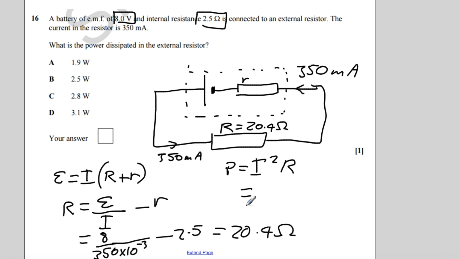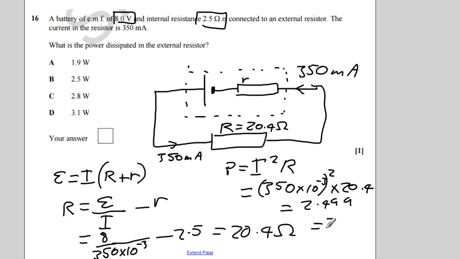And so when we do I squared R, so we go I squared, and remember times 10 to the negative 3 again, because it's milliamps, and then that is all squared, times our resistance, and that gives us an answer of 2.499. To two significant figures, 2.5 watts, which is answer B.